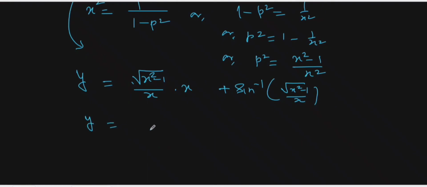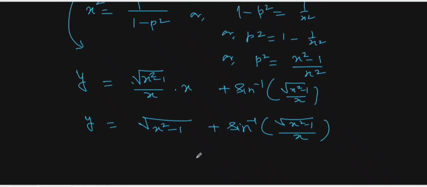So y is root over x square minus 1 minus sin inverse root over x square minus 1 upon x, and this is the singular solution.